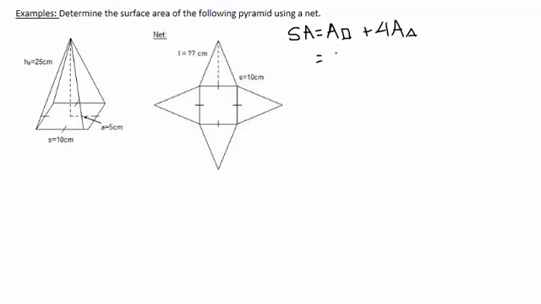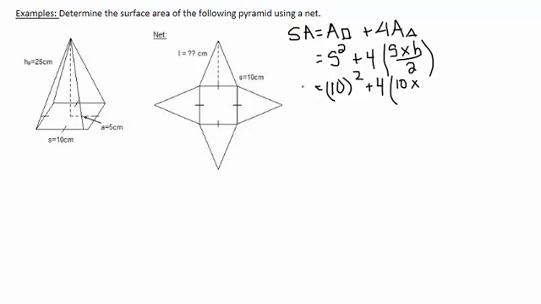The area of a square formula is side length squared, plus the area of a triangle is side times height divided by 2. So our value of S we know is 10. Now the height of these triangles, you have to realize, is different than the height of the pyramid that we're given.